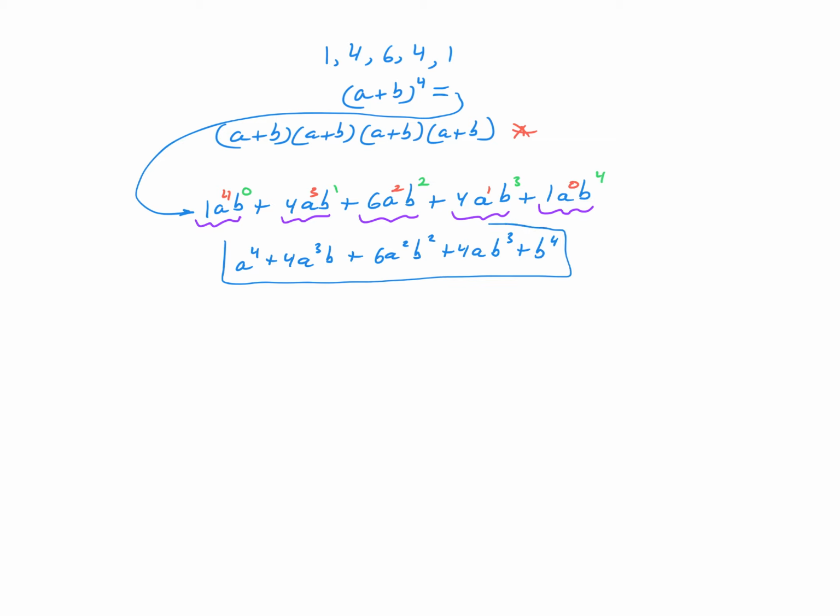Done. If you would like to check that, you could FOIL out these two up here, and compound distribute them together to get this, feel free. But trust me, that's the right answer.